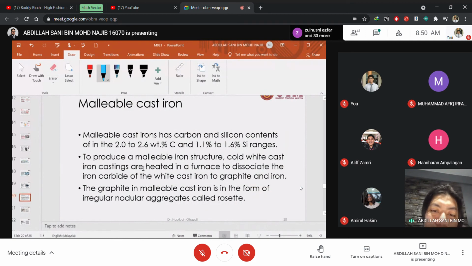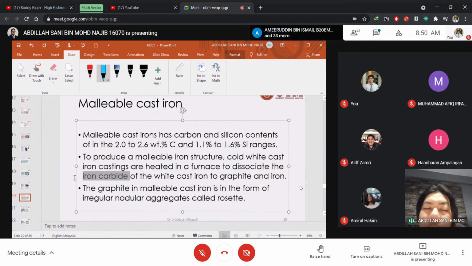We heat it up again in a furnace, and as in white cast iron, we don't have graphite.